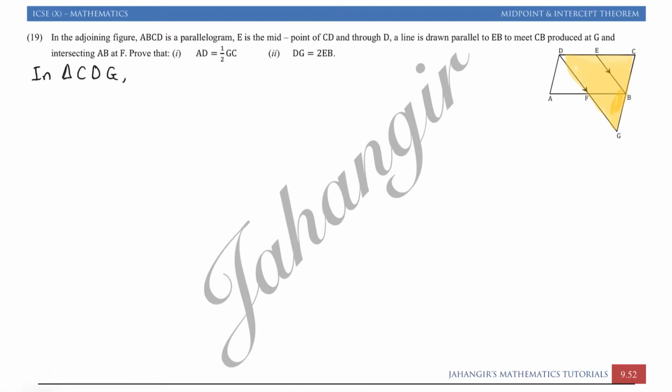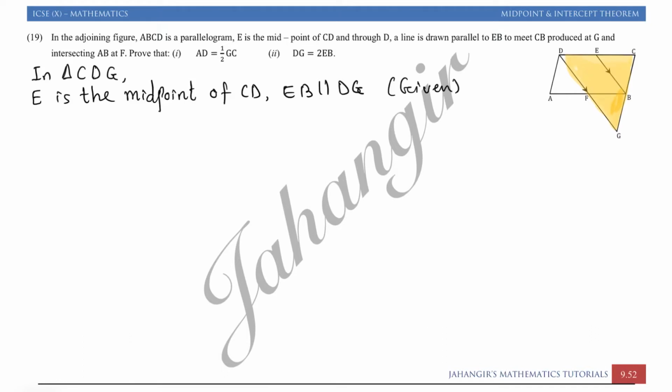First condition is E is the midpoint of CD and EB is parallel to DG. These are given.